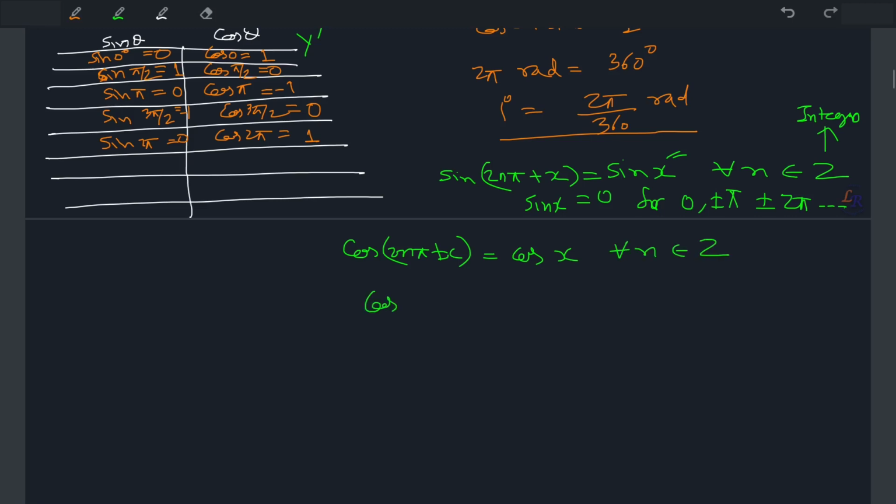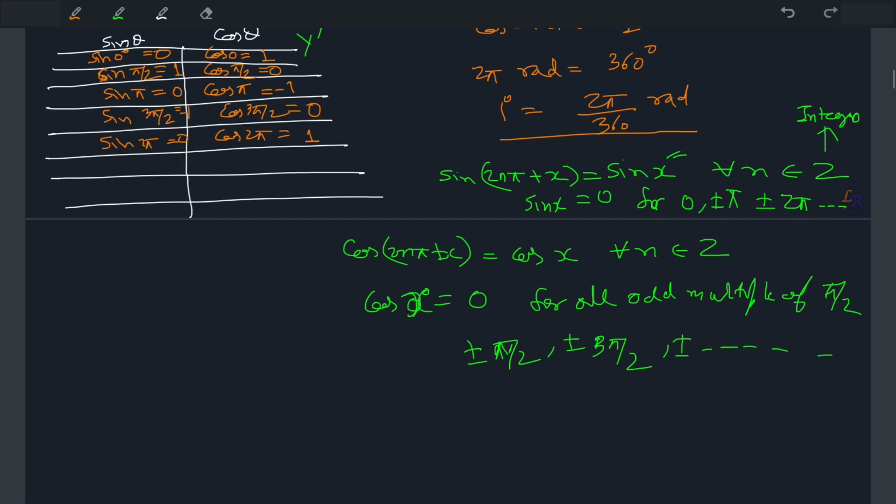So if you want to find where cos x is 0, it would be 0 for all odd multiples of pi by 2. For example, plus minus pi by 2, plus minus 3 pi by 2, and so on. So these are values for cos equal to 0.